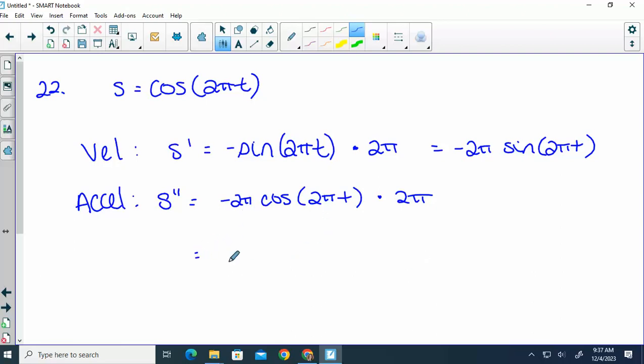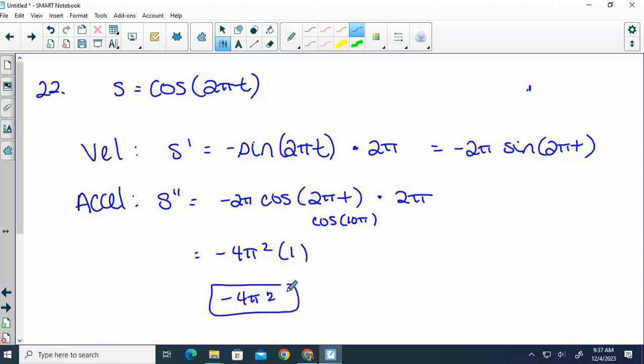So negative 2 pi times negative 2 pi is negative 4 pi squared. If I put in 5, that's a cosine of 10 pi. So think every time you go around the circle, there's 2, 4, 6, 8, 10. It's just like cosine of 0, which is 1, so that's where we got the 1.